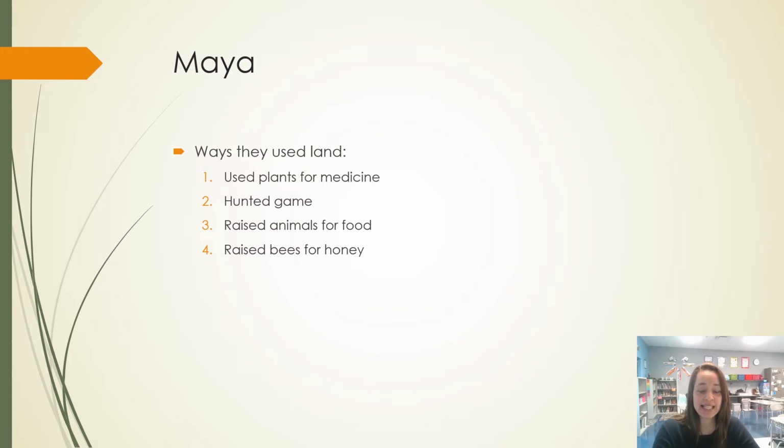Three, they raised animals for food. And four, they raised bees for honey. Our chart sure is filling up with lots of wonderful information about the Mayan civilization.